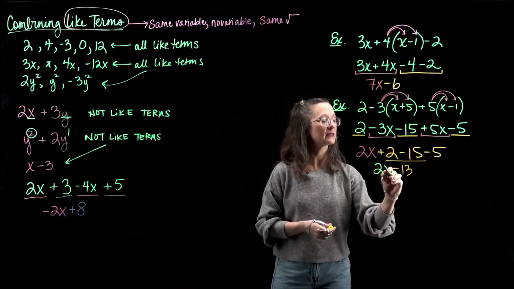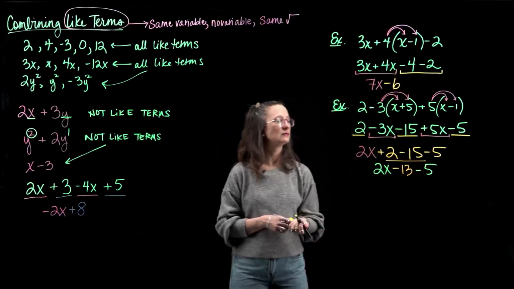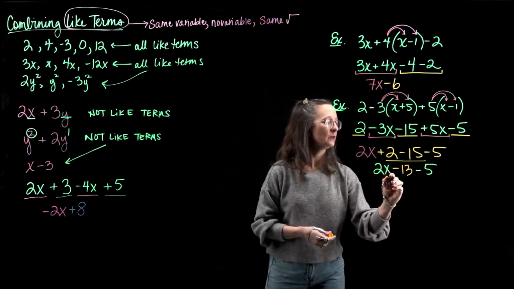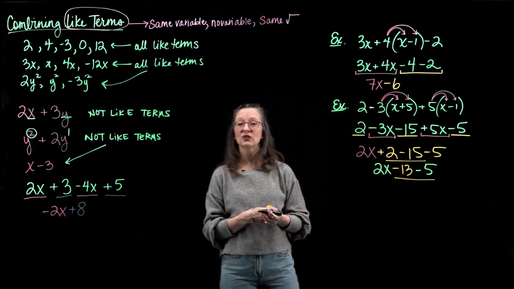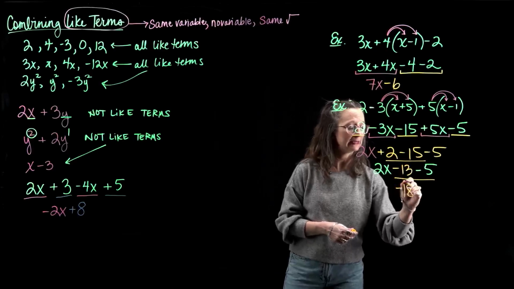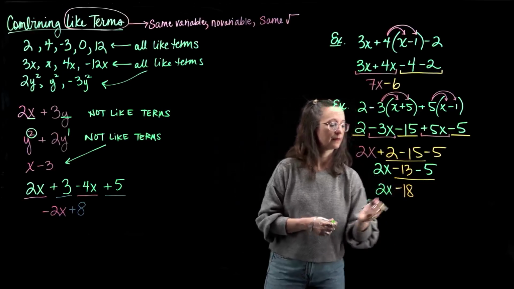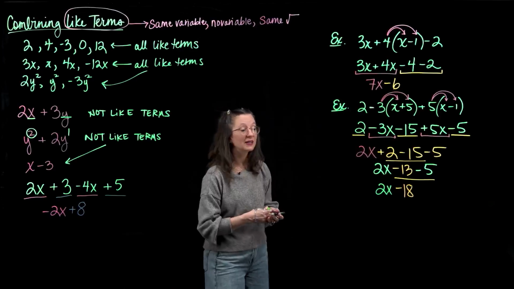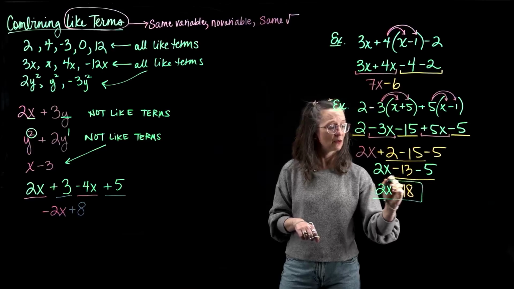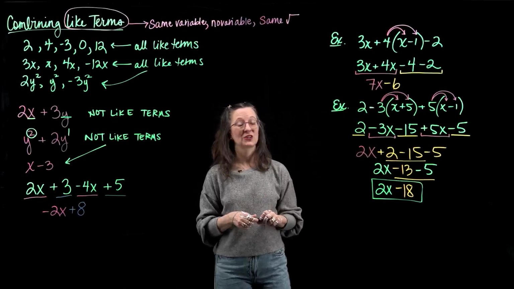So I have a 2x on the front minus that 13 minus 5. And then we can do our subtraction of those like terms. Minus 13 and minus 5 gives us a minus 18. Finally, I have 2x minus 18. We can't combine those two. They're not like terms. So that would be my final answer from simplifying that expression in x.